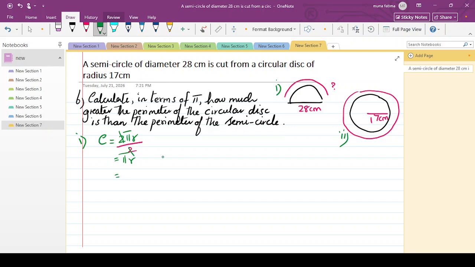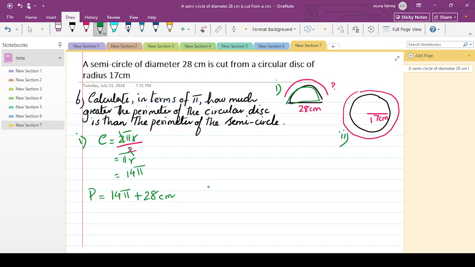And the radius we already found was 14, so 14 pi. This is not complete. The perimeter for this shape is this and this. So the perimeter of this shape is 14 pi plus 28 centimeters.